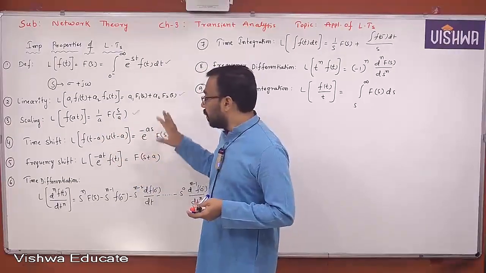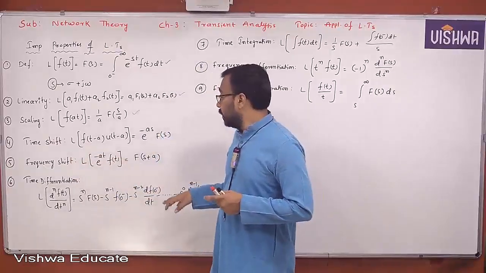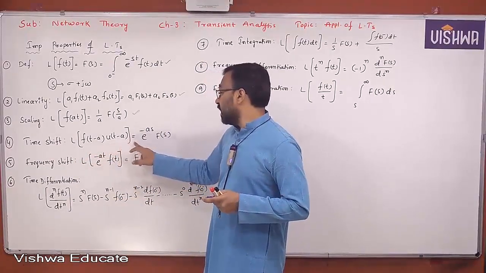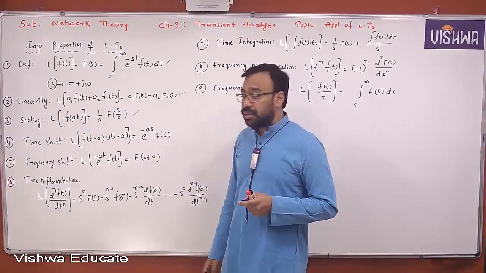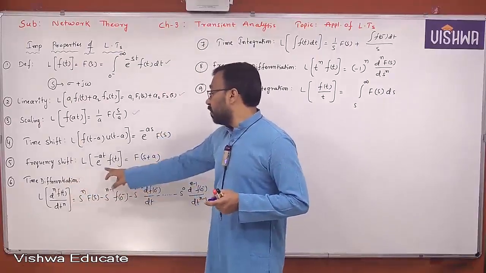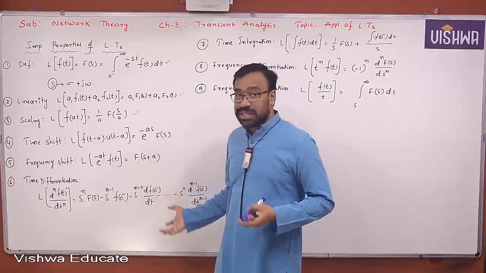Time shift, which is very important: the Laplace transformation of f of t minus a into u of t minus a is equal to e power minus as F of s. Then frequency shift: the Laplace transformation of e power minus at f of t is equal to F of s plus a.